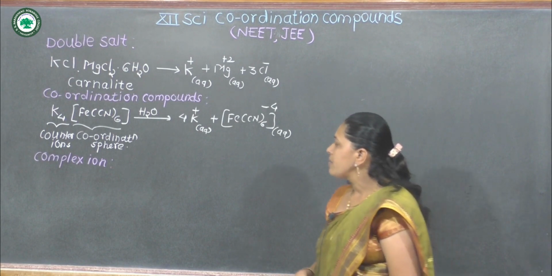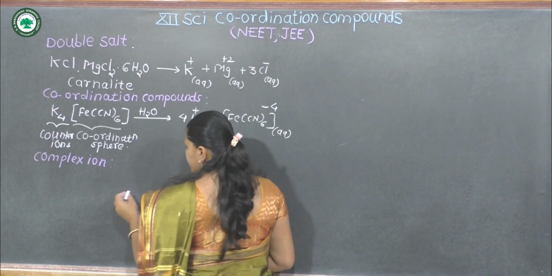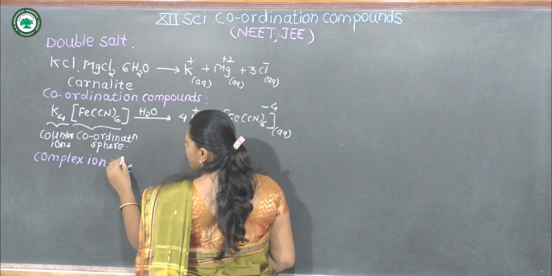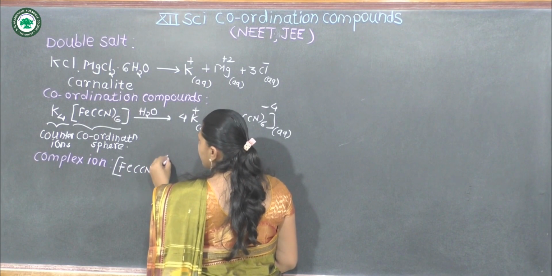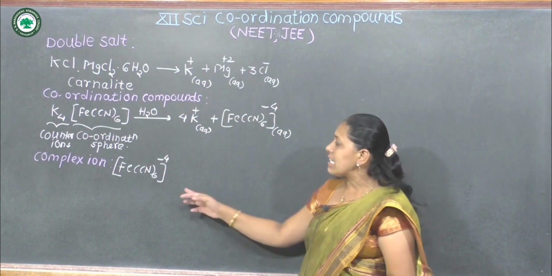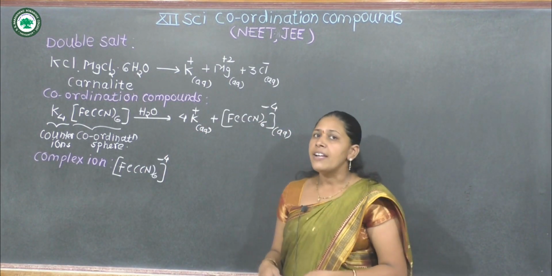For example, in the above example, [Fe(CN)6]4- is an electrically charged radical.